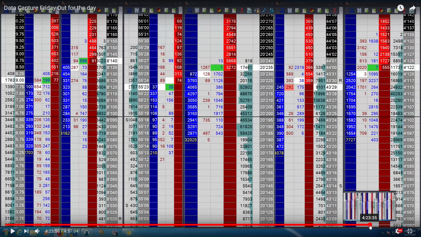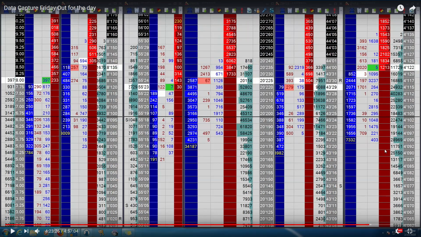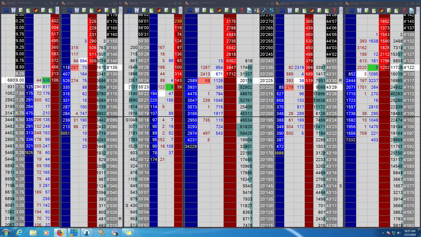So we'll rewind it to 2358. When does it take that next level? 23 is what we're looking at, the 23 level in the 10-year. When does it take that?